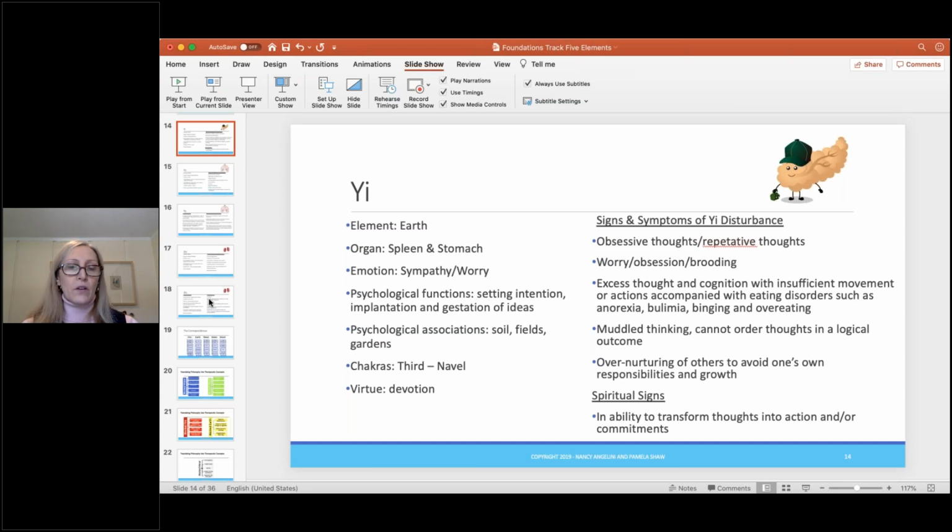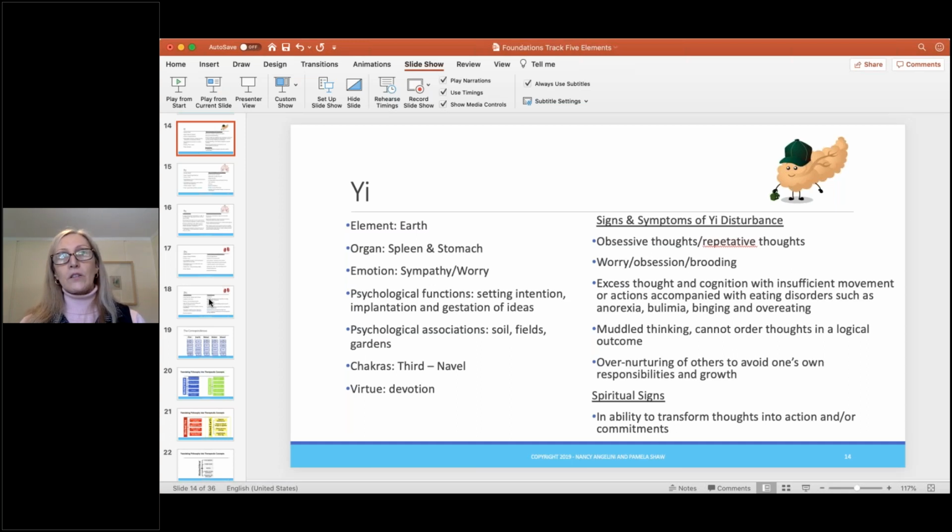And the spiritual signs is they can't transform or transmute their thoughts into actions or commitments. Again, like deer in the headlights, not fear, but like, I don't know what to do. I can't even think, right?